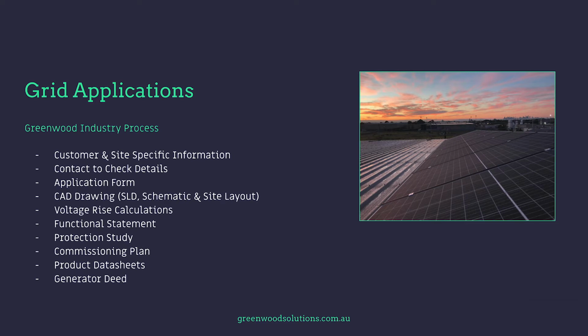Customer site specific information, contact to check details, application form, CAD drawings, SLD, schematic and site layout, voltage rise calculations, functional statement, protection study, commissioning plan, product data sheets and generator deed.